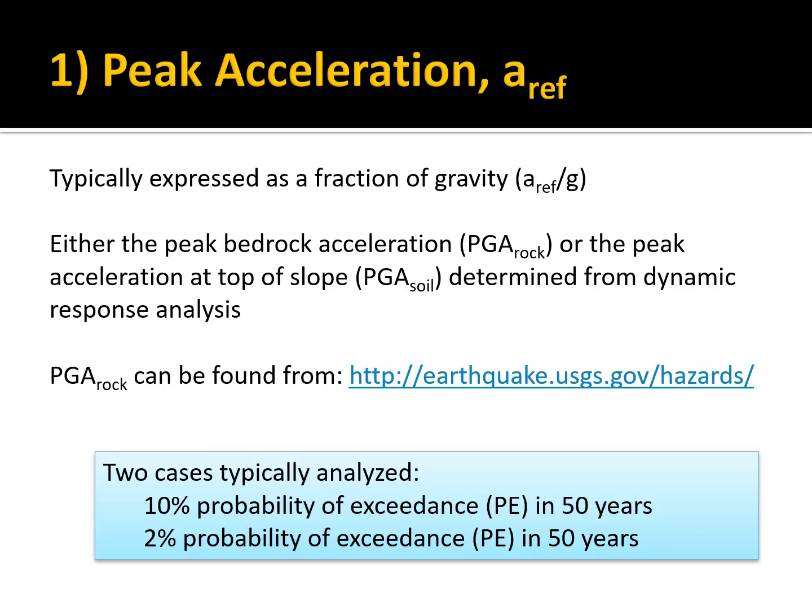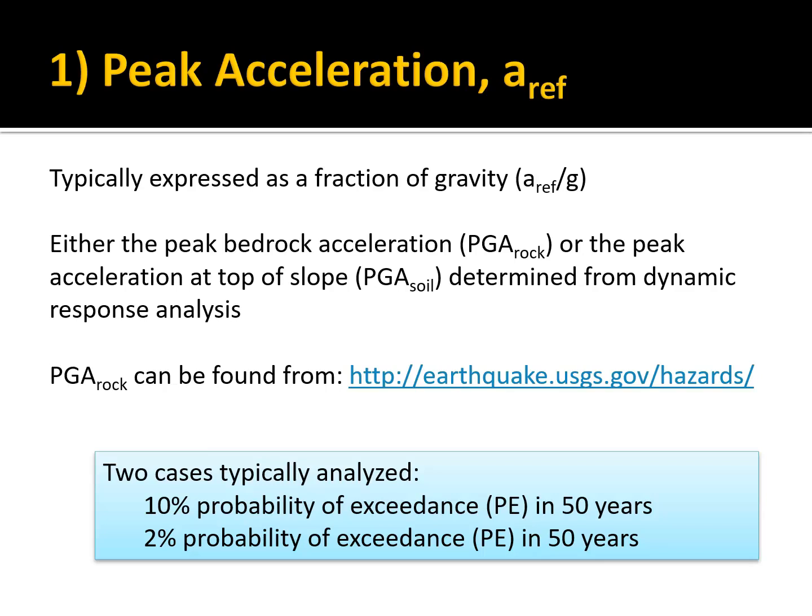You typically look at both of these, and then at some point you have to determine what you're going to design for, and that's going to be a function of risk: how much it would cost to repair the slope, what the consequences are if the slope fails, etc.